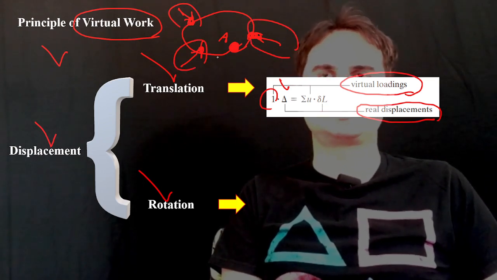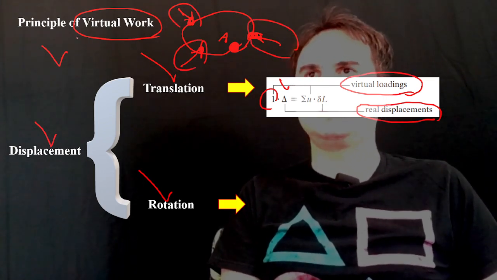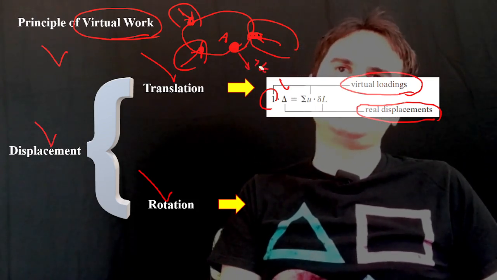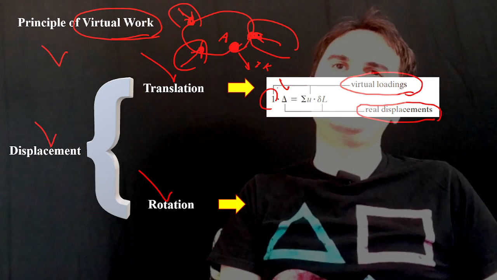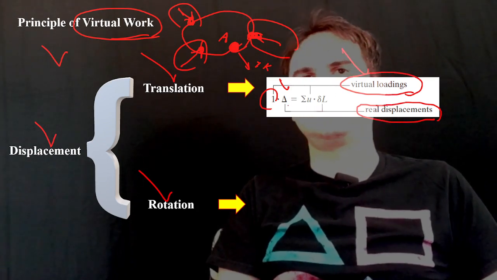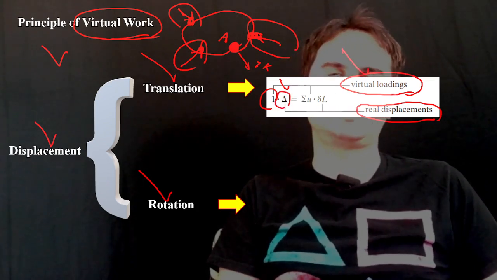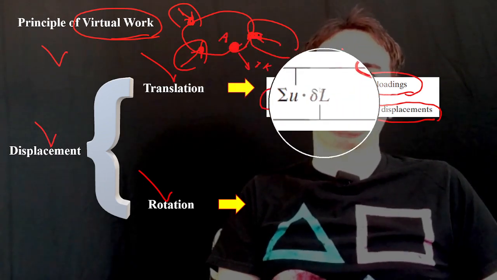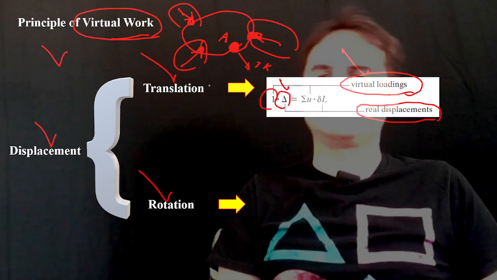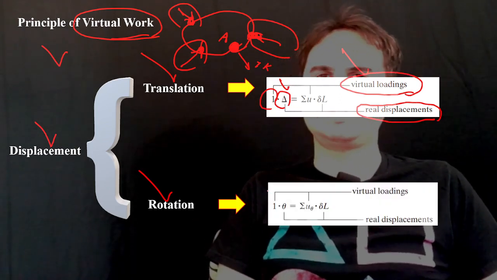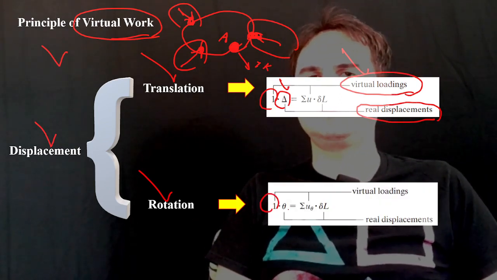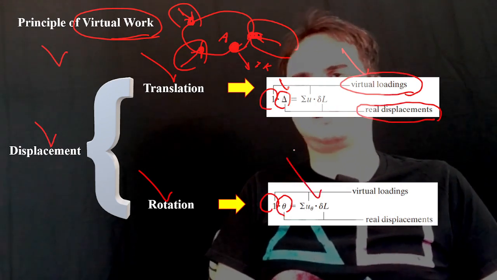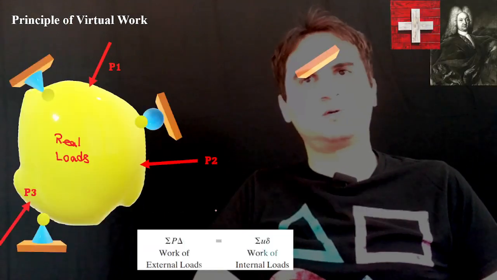By the help of virtual work, I apply, for example, one unit of virtual loading, and I can calculate the real delta at any location, and that's equal to the summation of internal energy. For rotation, it's just 1 unit of moment times theta. It's a summation of u theta times delta f. We'll talk about them in detail.